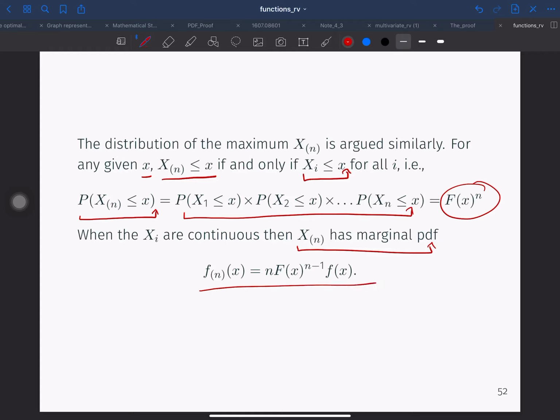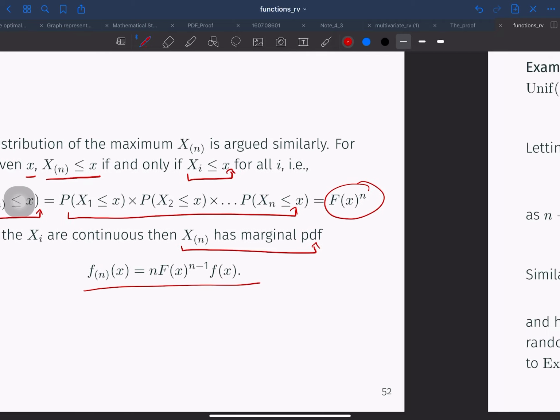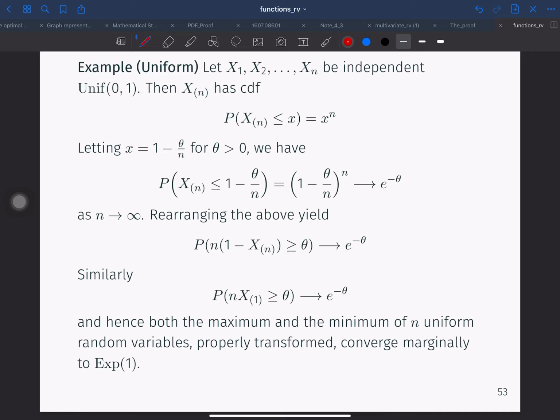So once again, in the discrete case, things are harder just because of ties. So let's see a quick example. Suppose I have a bunch of independent uniform on 0, 1. Then the maximum has the CDF of the form F_X to the power of n, and because F_X is just x, you get x to the power of n.